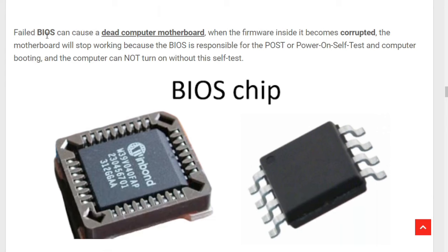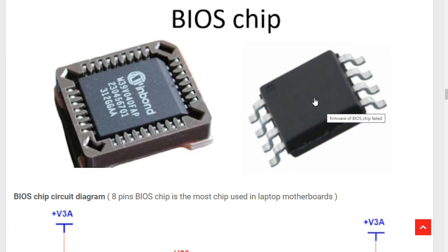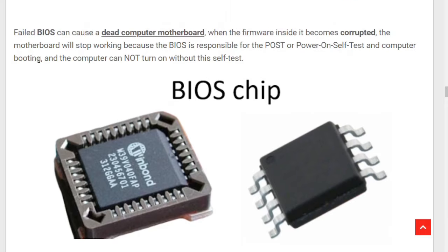So the fifth cause, a failed basic input-output system, or BIOS. A failed BIOS can cause a dead computer motherboard. When the firmware inside it becomes corrupted, the motherboard will stop working. As you can see, the BIOS contains inside it a software, or a firmware. So when that software becomes corrupted, the motherboard will stop working, because the BIOS is the first responsible for the POST, or power on self-test, and the computer cannot turn on without the self-test.